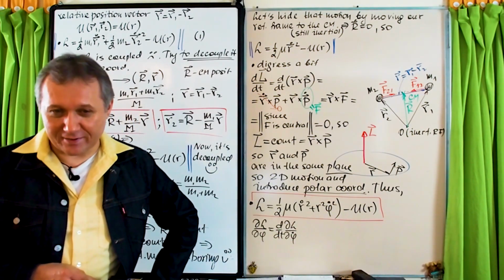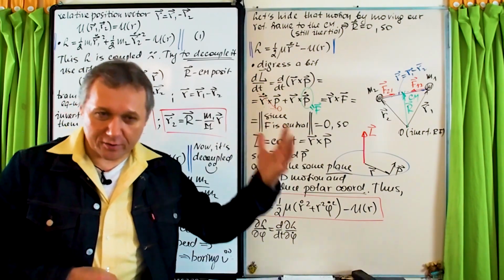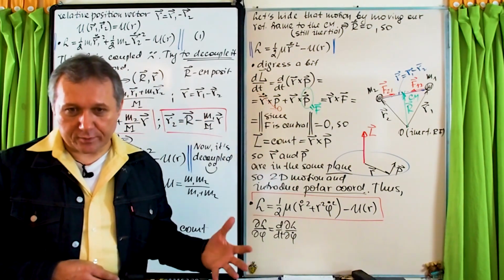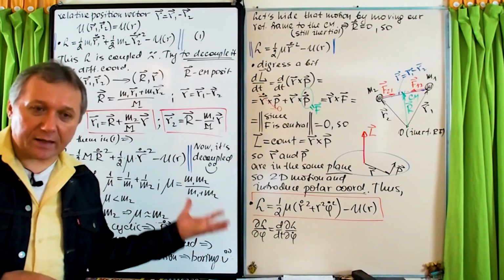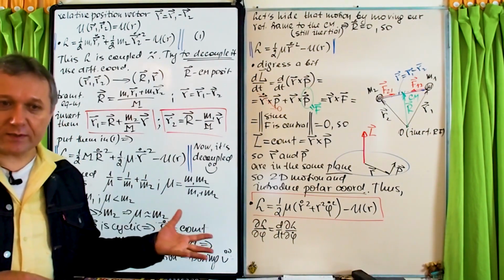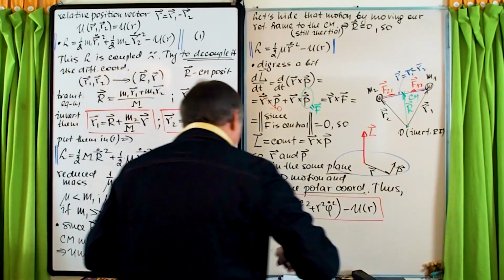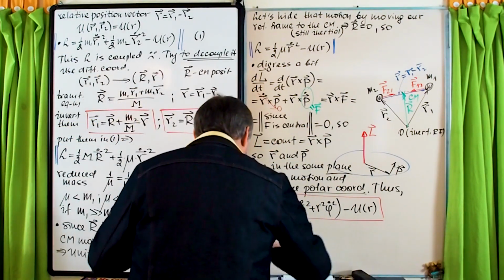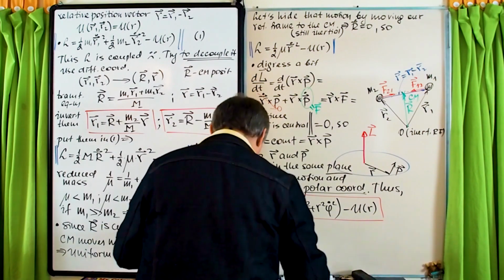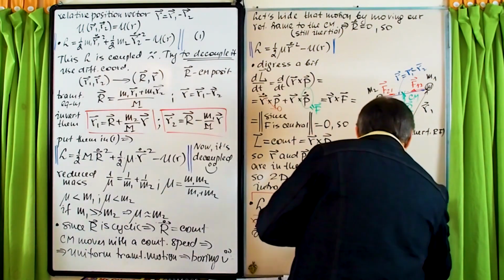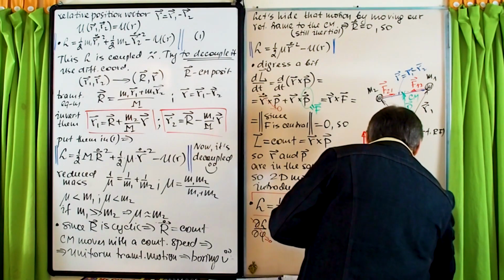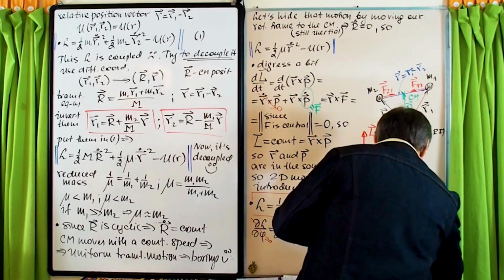It means phi is cyclic, and of course the corresponding generalized momentum is conserved. And since phi is an angle, that generalized momentum is the angular momentum, z direction. So the left side is 0.